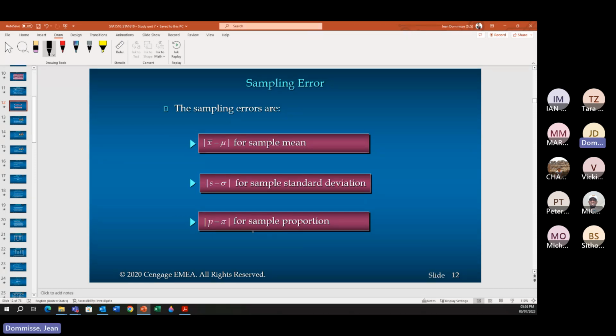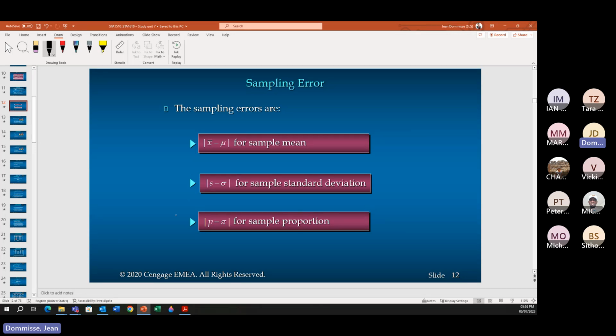What we will then also look at is the sample error. There will be one for the sample mean, there's one for the sample deviation, and in the last part of study unit 7, we also look at sample proportions. So there will be one for that as well.